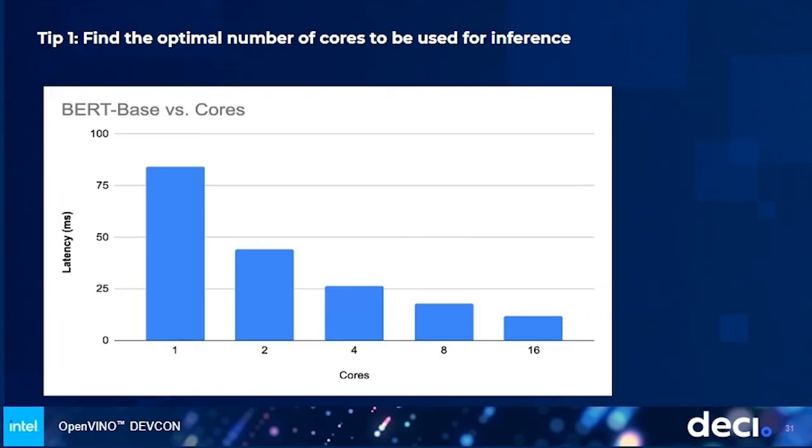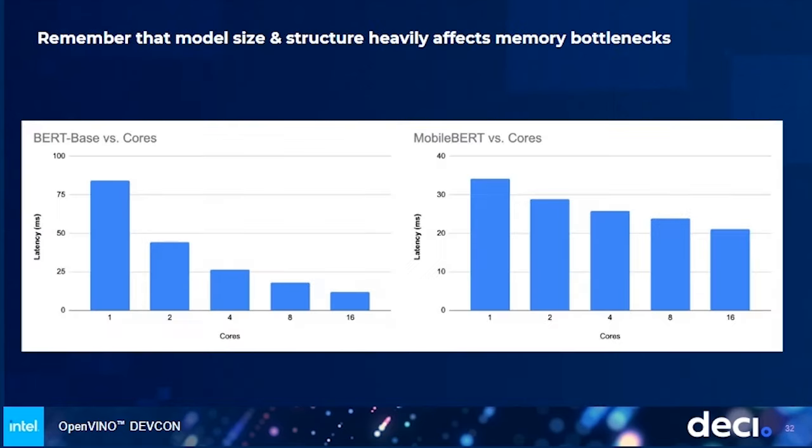So you need to find the sweet spot of the cost and runtime trade-off. Also, you need to keep in mind that model size and structure heavily affect memory bottlenecks, so you don't see the same trends in every network.